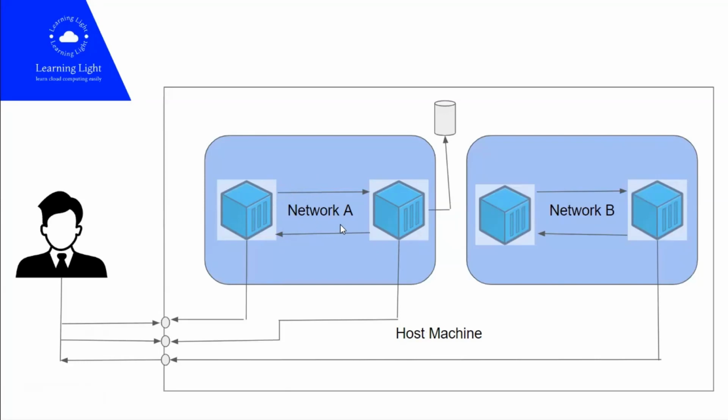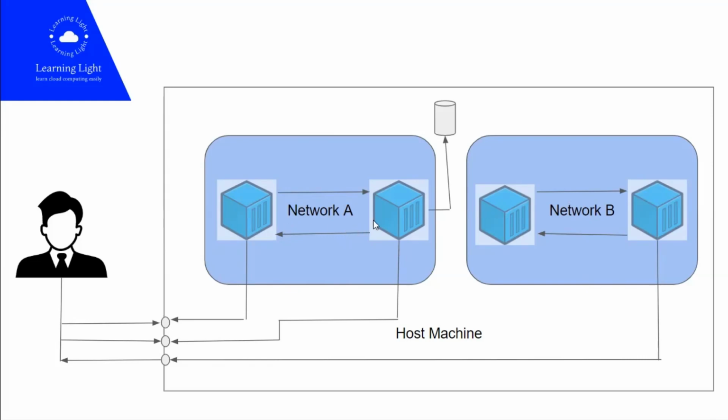So here in this particular slide, you can see that we have logically divided these 4 containers into 2 separate groups, and each of the groups you can consider as a network.